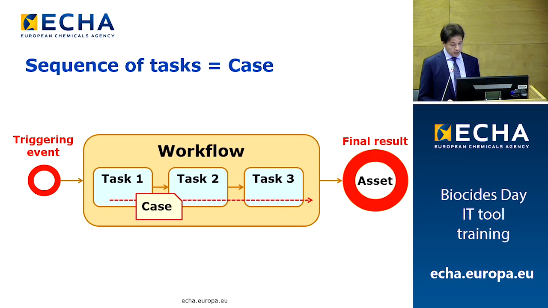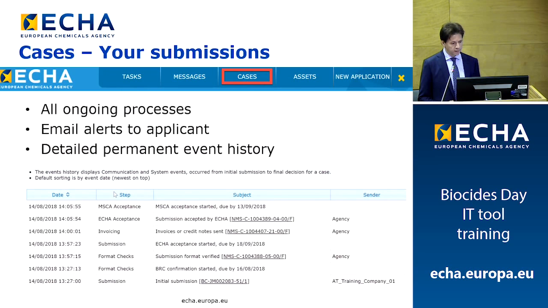In R4BP3, a sequence of tasks has a unique identifier called a case. So whatever comes from the triggering event to the final result has a unique identifier, and you can find it in this tab in R4BP3, which is the cases one. The unique identifier is, again, the primary reference of ongoing processes, so processes which have not been finalized.